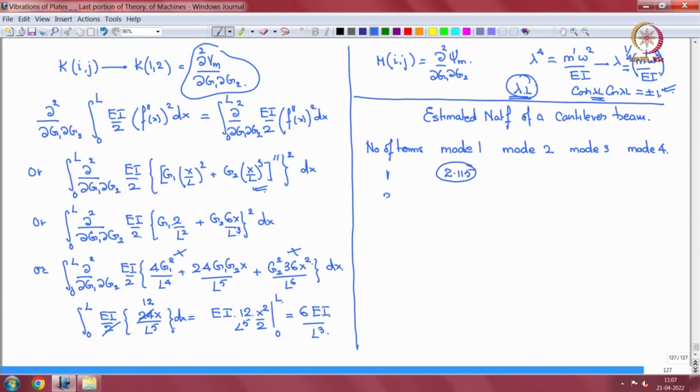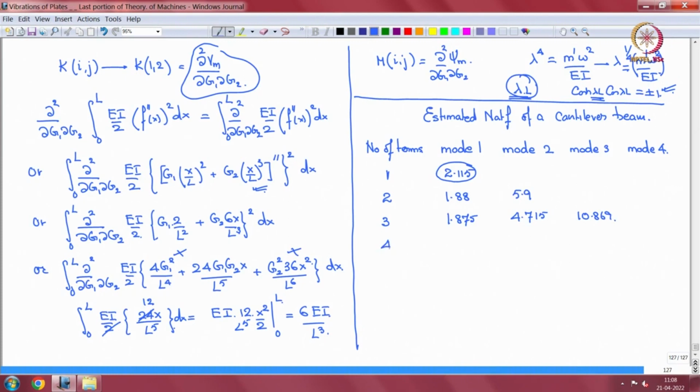If you take two terms, then you get 1.88. It's a better estimate, and you get one estimate of the second. If you use three terms, you get 1.875, which is almost there. Then you get an estimate of the next two, 4.715 and 10.869.